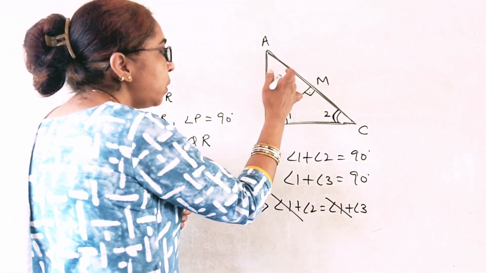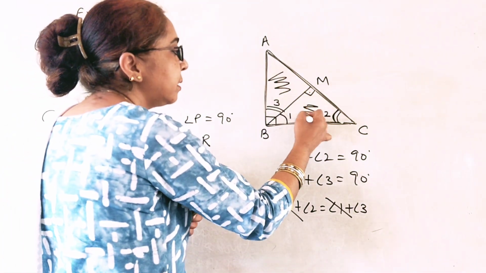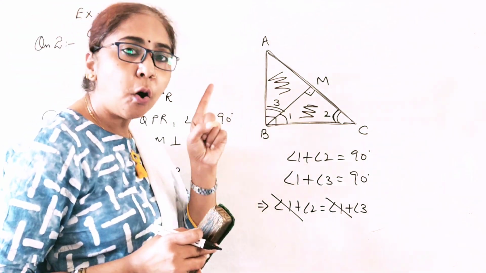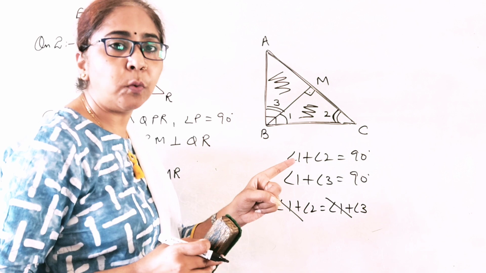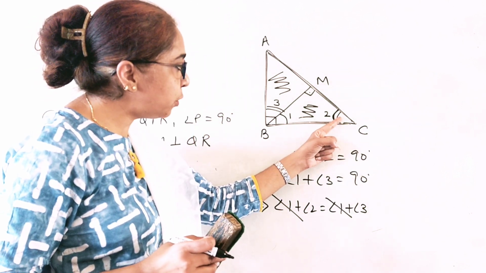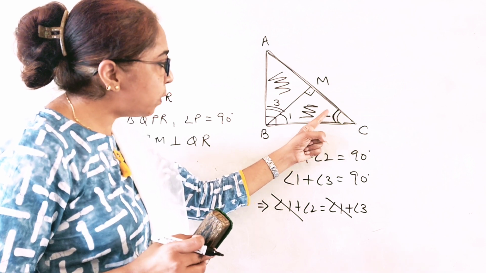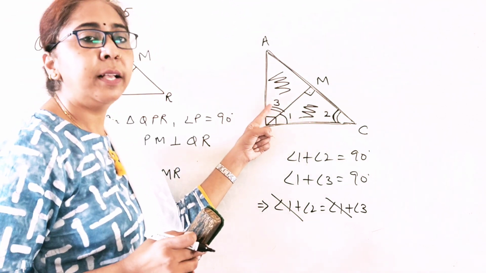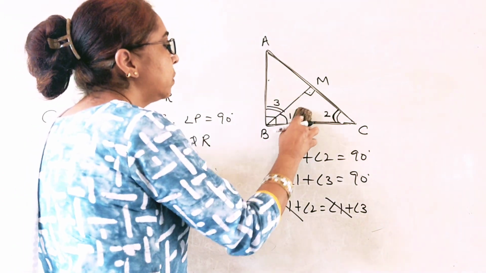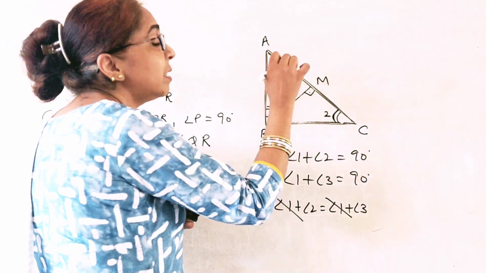So when you have to make these smaller triangles similar, always note it down, put it in your mind that this angle 2 is equal to the farther angle, that means angle 3.